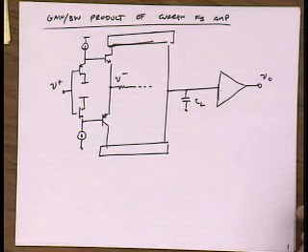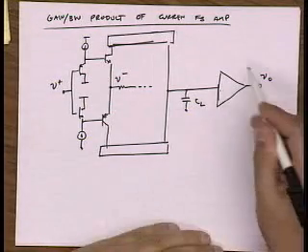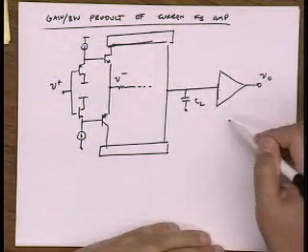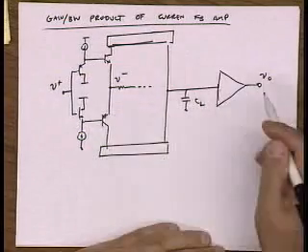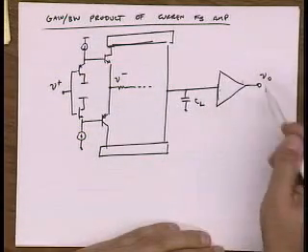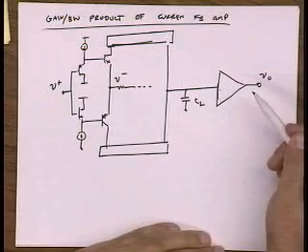Incidentally, definitely you want to make this a high impedance buffer. So this Darlington stage is also very useful here. In fact, it's probably more important here. Why is that?